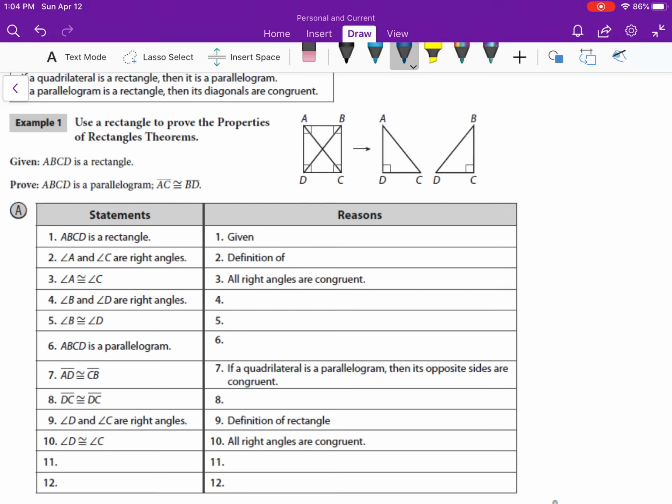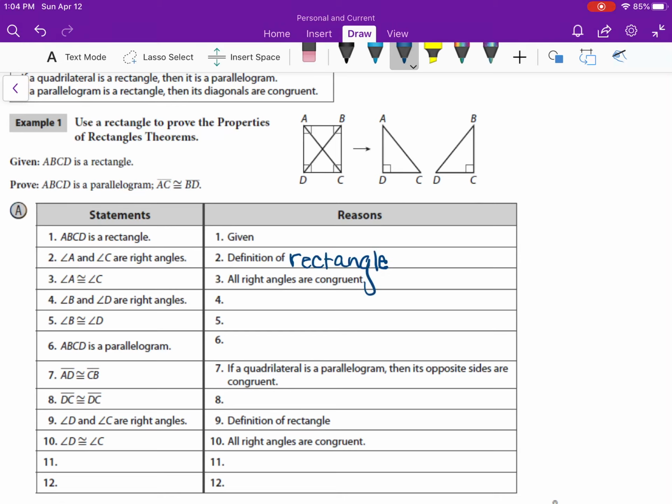ABCD is a rectangle. That information is given to us. And angle A and angle C are right angles. And what we would put here is this is by the definition of a rectangle.